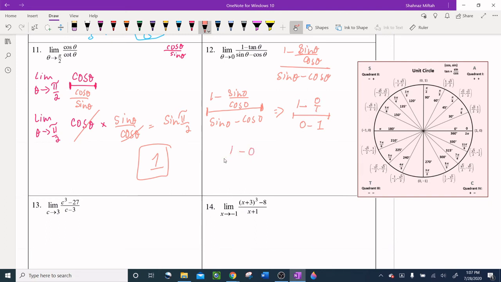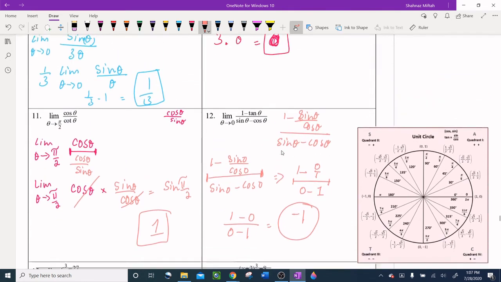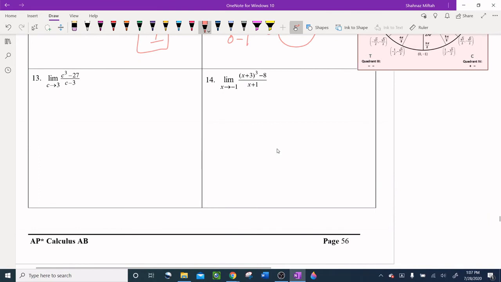So 1 minus 0 over 0 minus 1. So I'm getting negative 1 as the answer. From the direct substitution, all I did is change tangent to sine over cosine, and I did the direct substitution because I wanted to see if I get 0 over 0. If you can get the answer, fine. You don't have to do anything else.